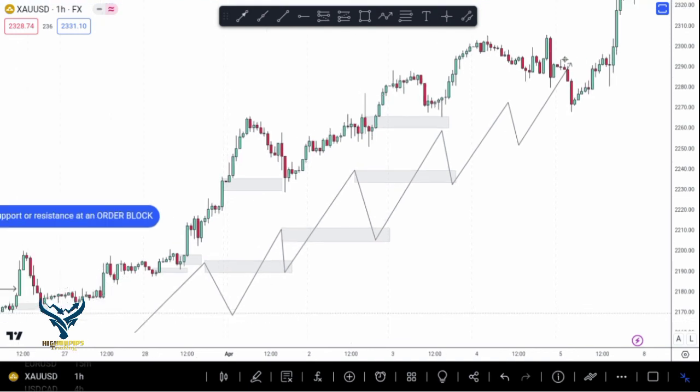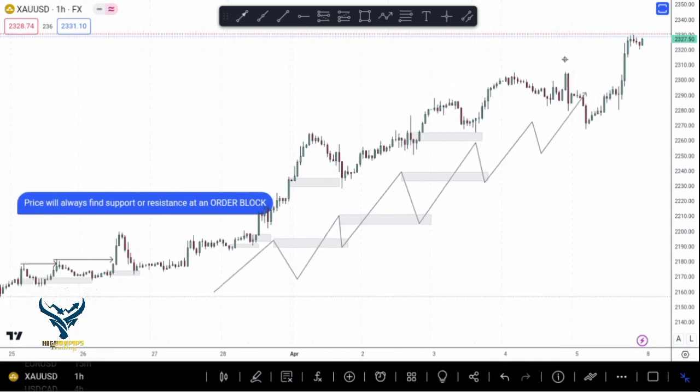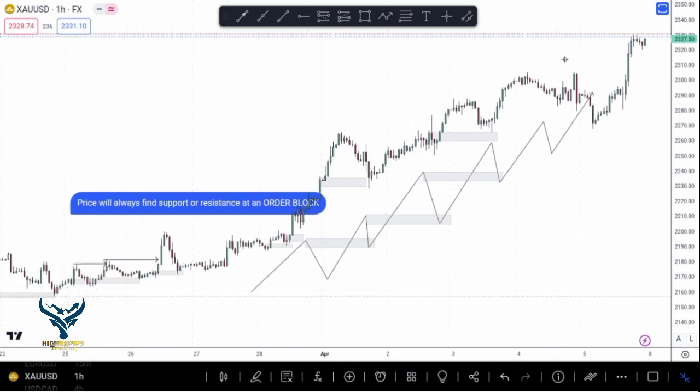So guys, no matter how much I may teach you, if you do not practice, this will never make sense. This makes sense the more you open your chart and look for these things that I'm teaching you, right? It will make sense, right?